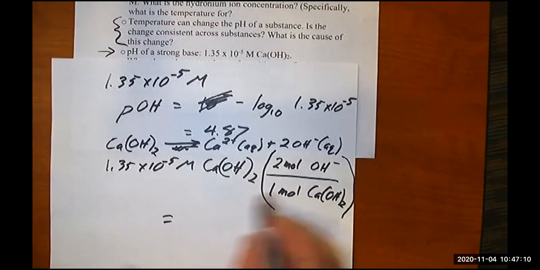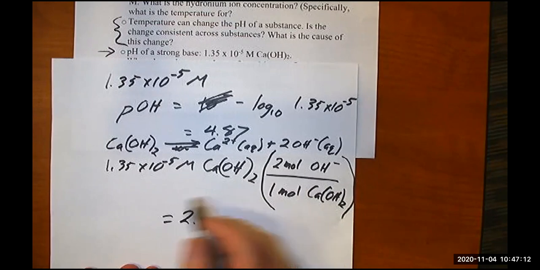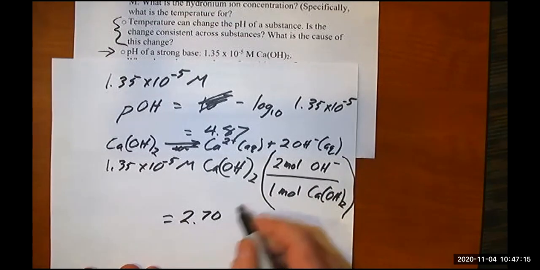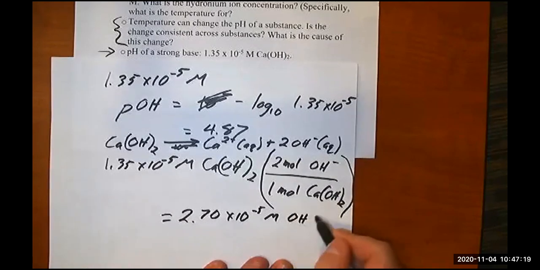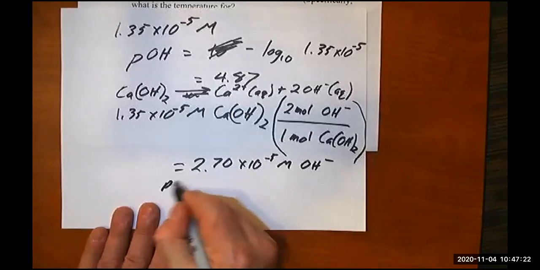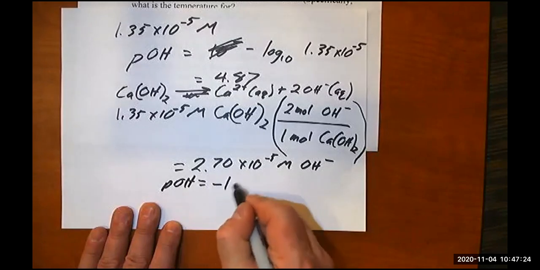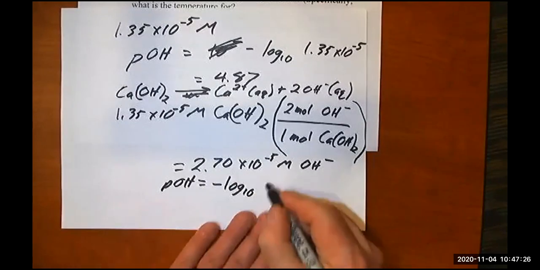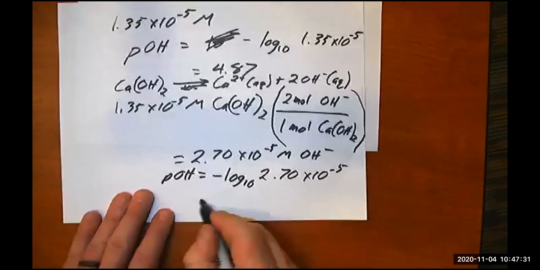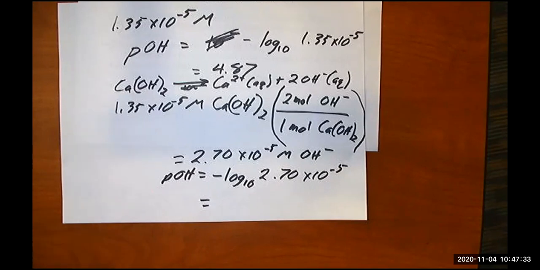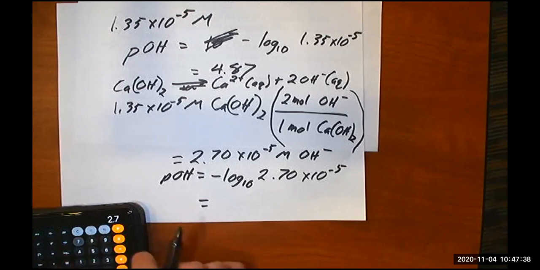And so we now find that this is 2.70 times 10 to the minus 5 molar in OH minus. And so our pOH is going to be the negative log base 10 of that, 2.7 times 10 to the minus 5.